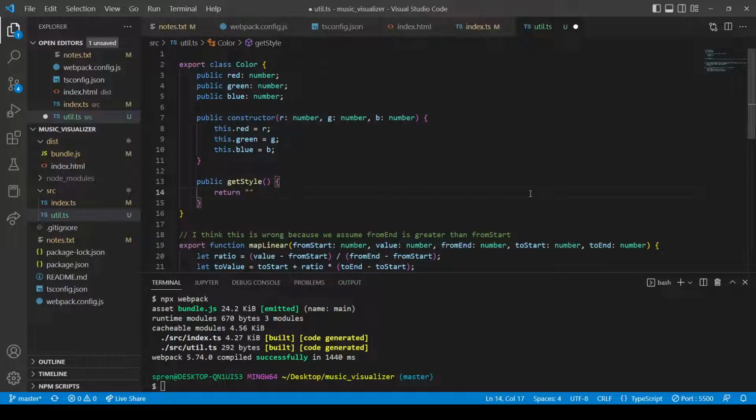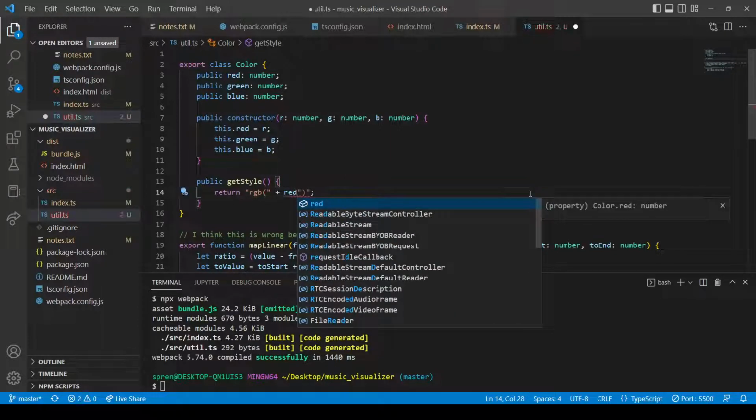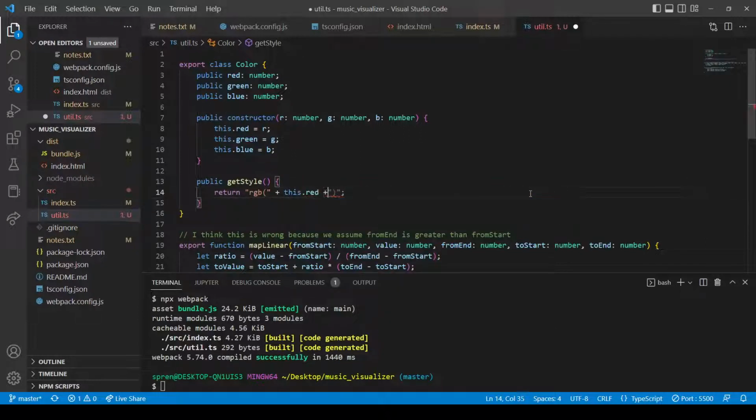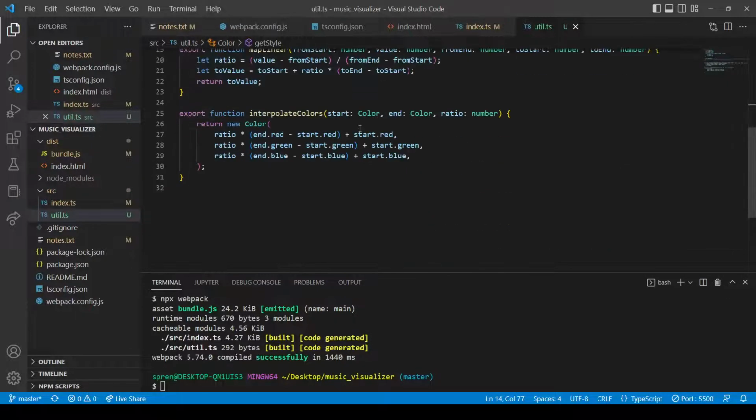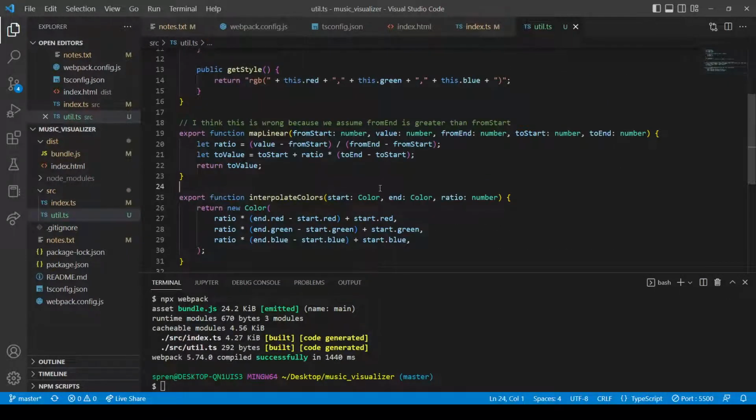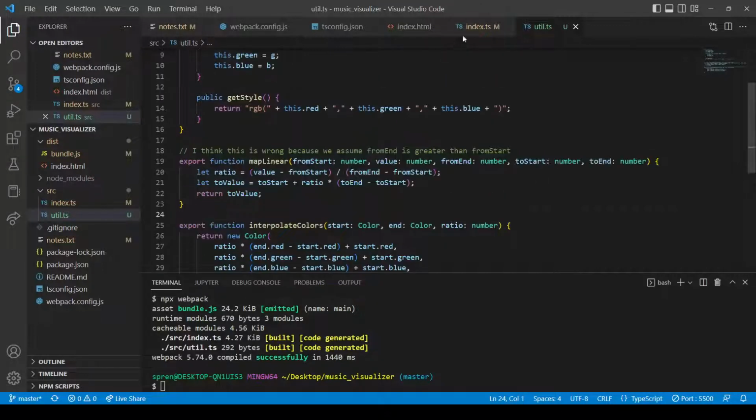Oh gosh, we could do alpha as well. I'm not gonna do that. Cool.